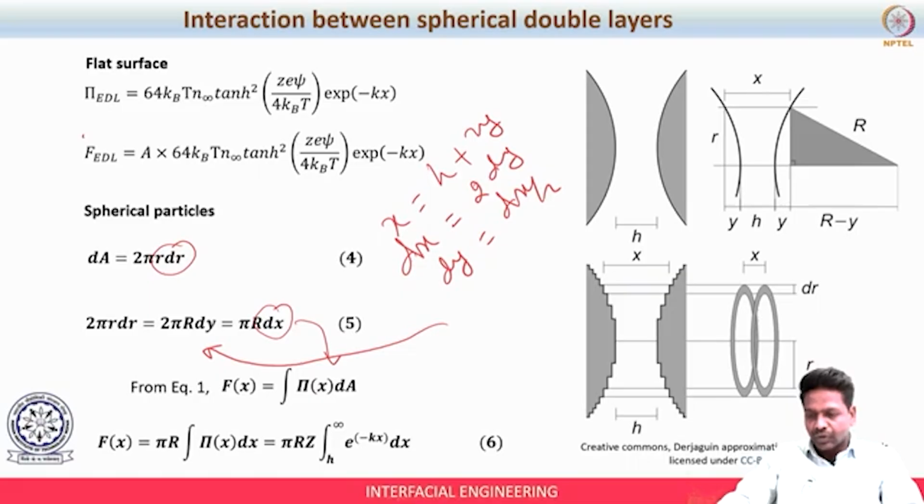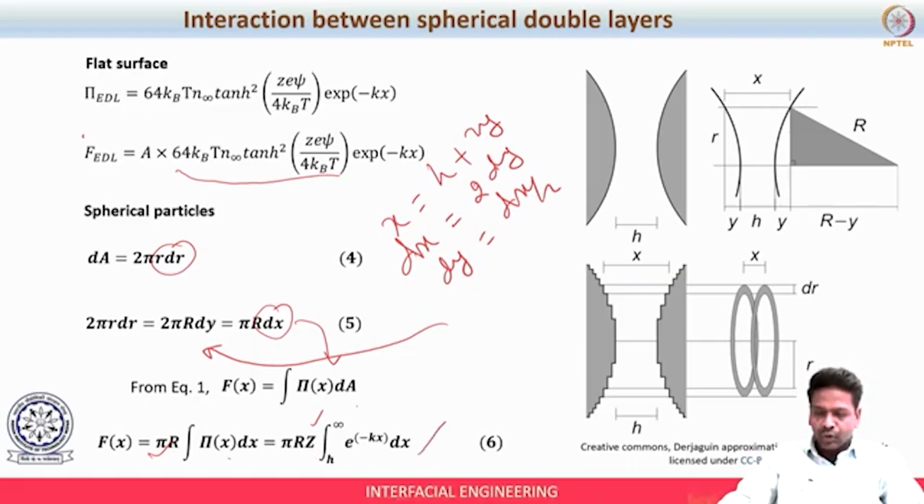If I substitute that here, what is constant is pi and capital R, which I can keep outside the integral, and pi of x dx can be kept inside the integral. Remember, this entire part is constant, I am calling it capital Z. So, Z is outside, and e power minus kx dx is what we have to integrate.